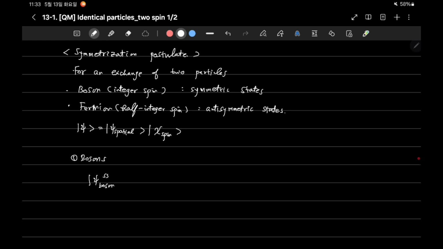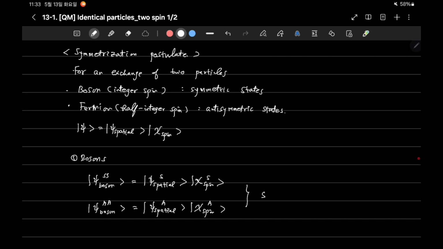One is the symmetric case, where the spatial wave function is symmetric and the spin wave function is also symmetric. In the antisymmetric case, the spatial part is antisymmetric and the spin part is antisymmetric, so basically the total wave function is also symmetric.